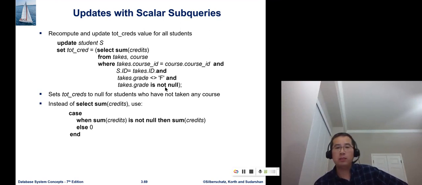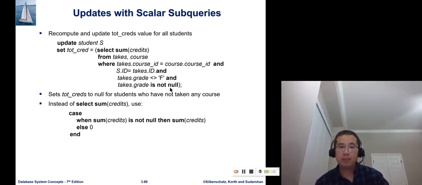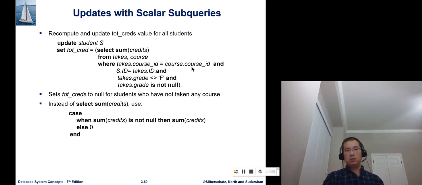For example, maybe there's some other grade meaning pending. So grade is not F and is not null. This one is fail, this one is unknown. As long as it's not these cases, and the student takes this course, with the course ID equal to the course ID, then you can find the credits and sum them together. This means all the credit hours for that student.